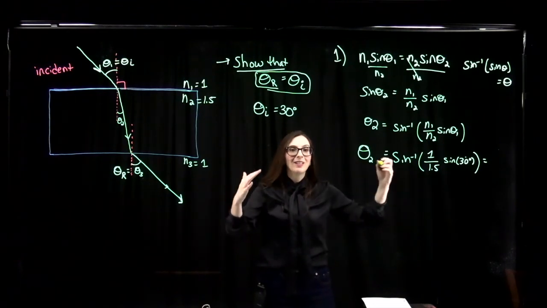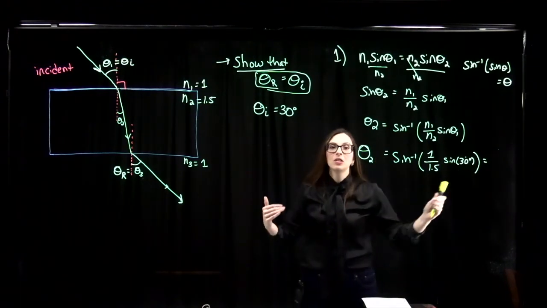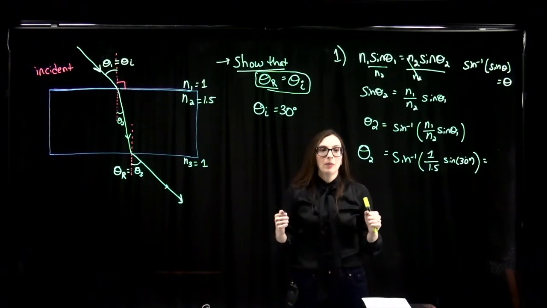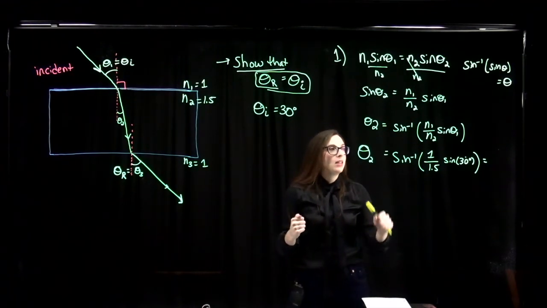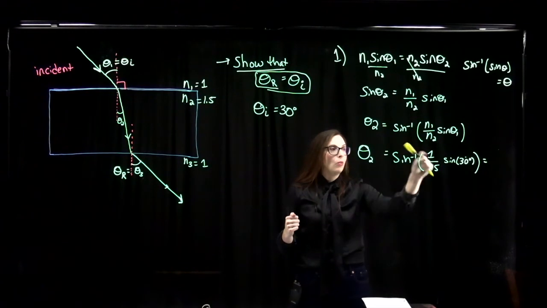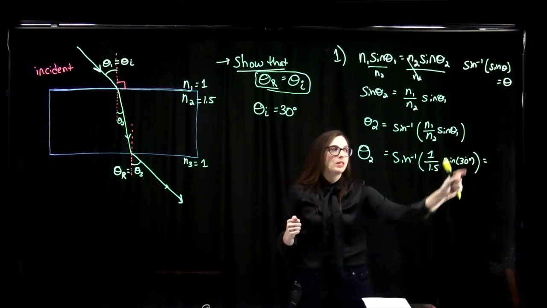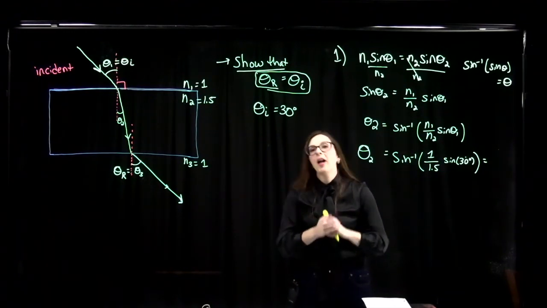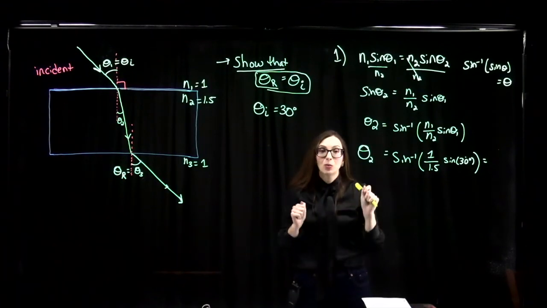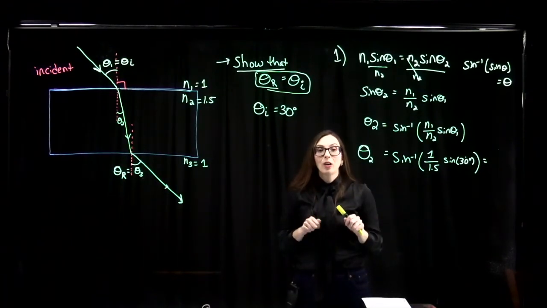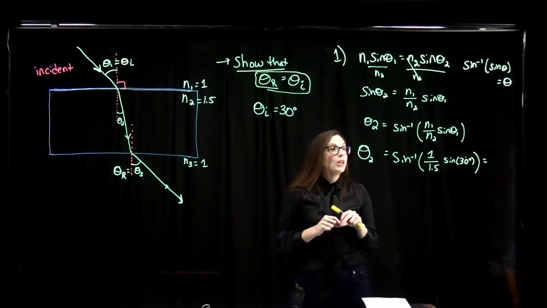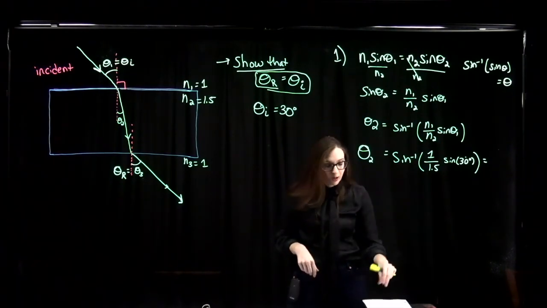So if we're dealing with degrees here, let's just keep our calculator in degree mode, okay? So you have to take the inverse sine of 1 over 1.5 times sine 30 degrees. Again, you have to be super careful about how you input this into your calculator.